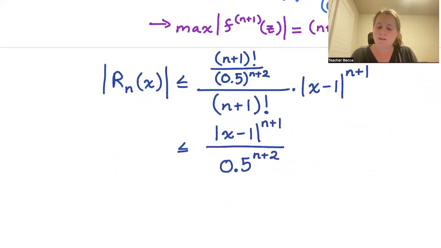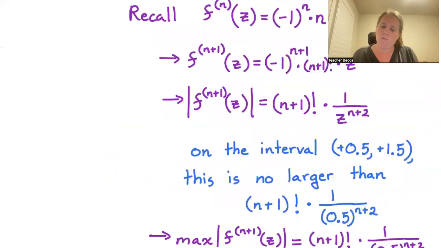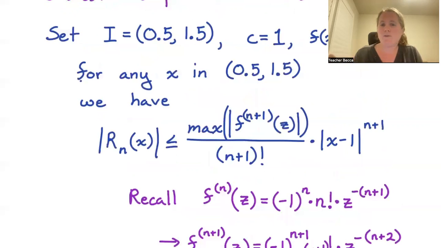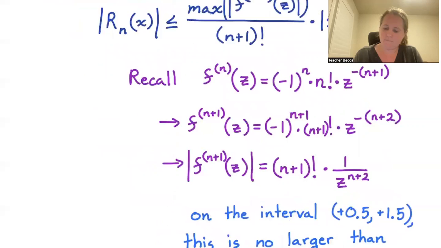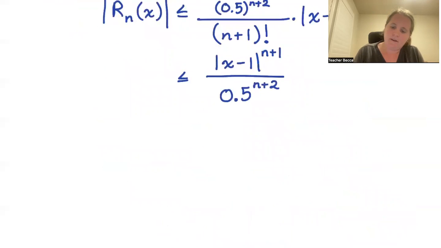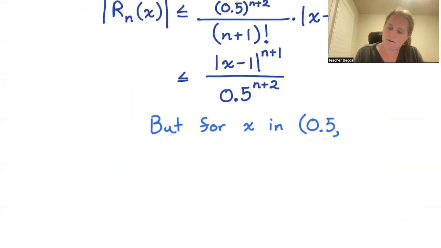But note, our x's were all within 1/2 of 1. But for x in the interval from 0.5 to 1.5, we have that the absolute value of x minus 1 is less than, not less than or equal to, is less than 0.5.